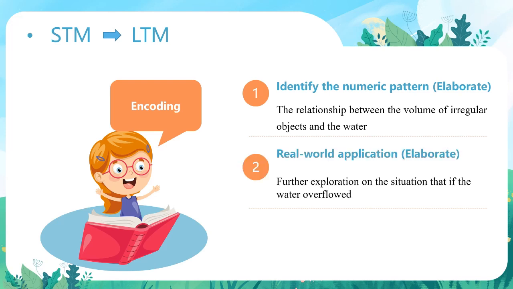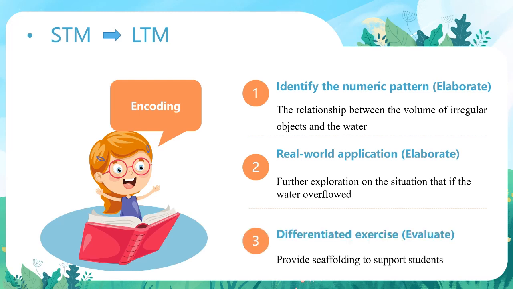Because this kind of situation would occur in our daily life, students can apply their knowledge to the real world. Also, exercise would allow students to have an evaluation on what they have learned. Besides, the exercise is designed in differentiation to provide scaffolding to different level students.